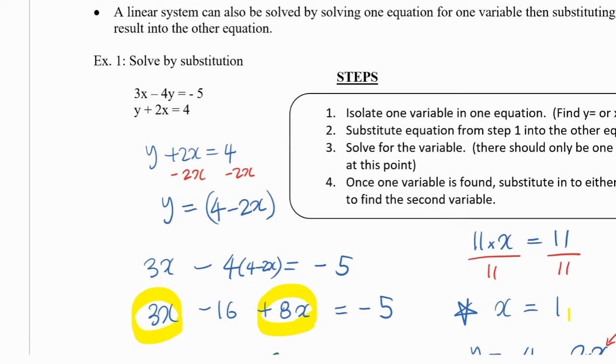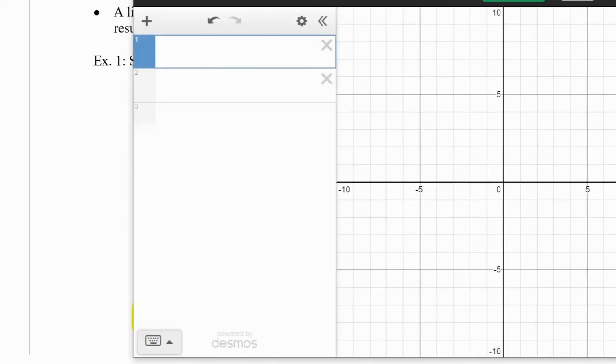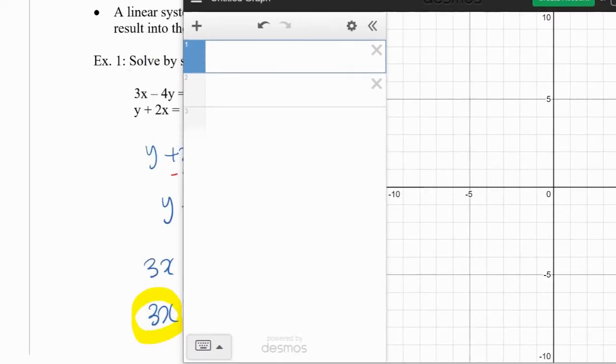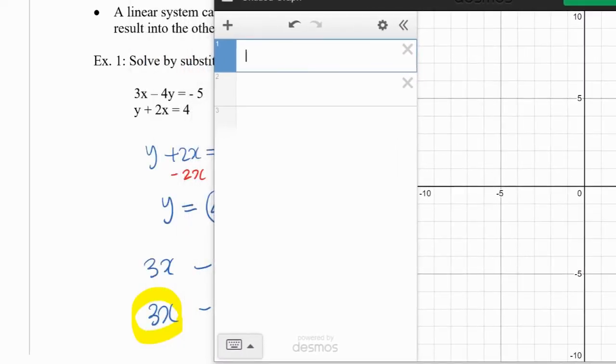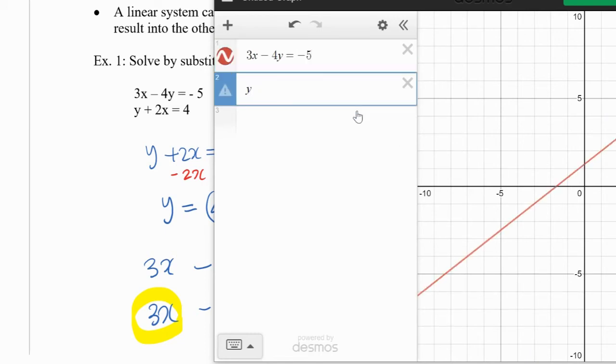So let's check the answer graphically. So here's a graphing software. I'm just going to simply type 3x minus 4y equals negative 5, and y plus 2x equals 4.